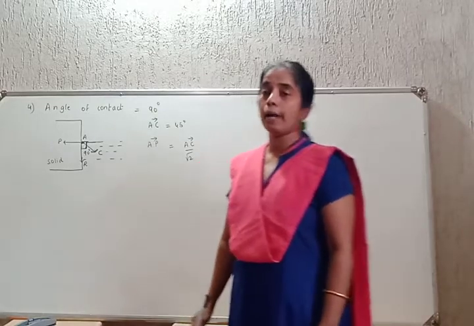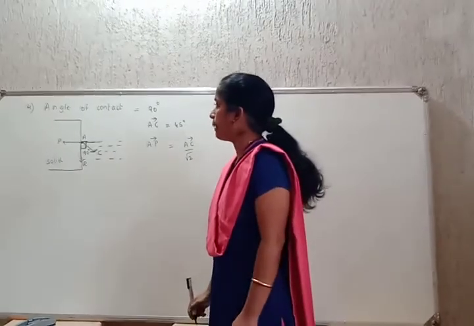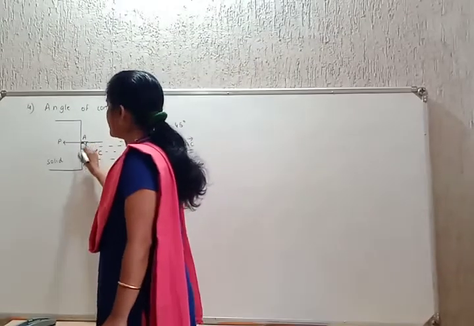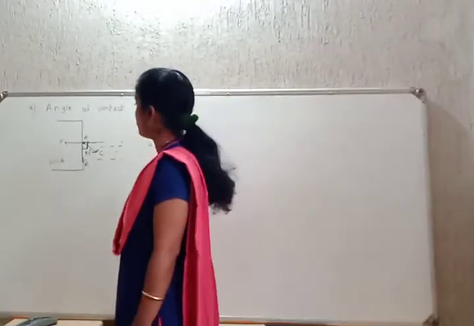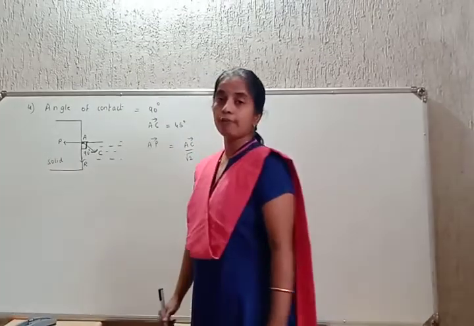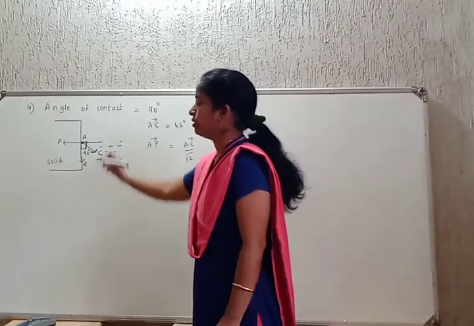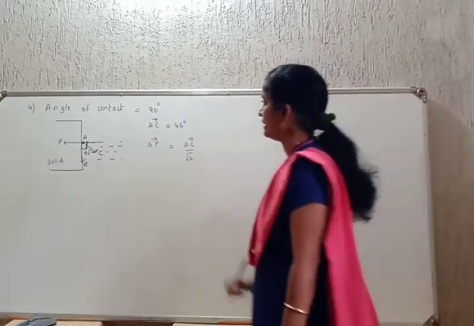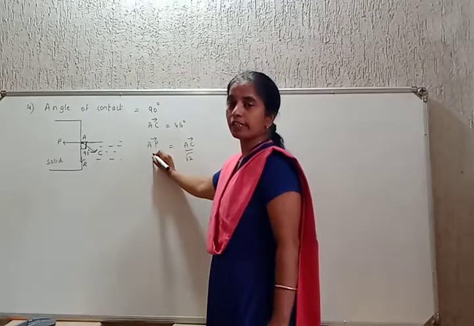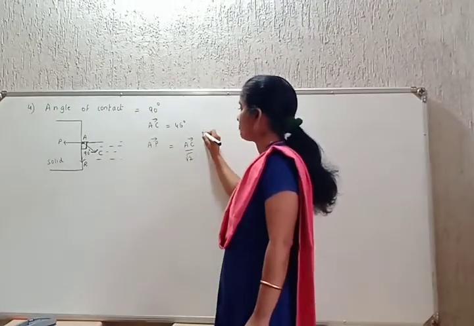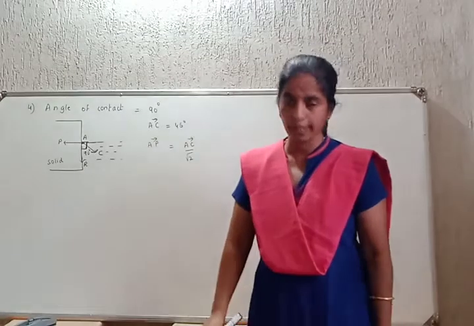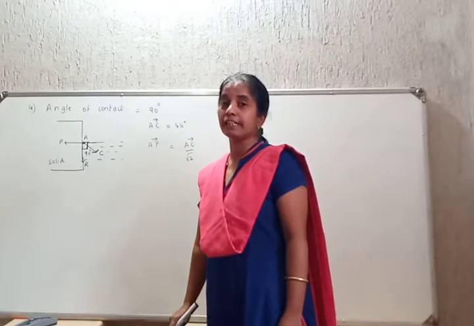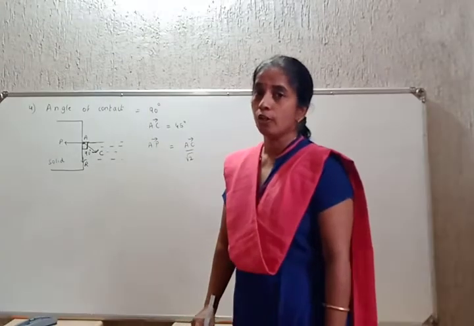For a hypothetical liquid, if the angle of contact is 90 degree, the cohesive force of the liquid AC is at 45 degree with the solid surface. AP is the adhesive force of the solid. In that case, it is observed that the adhesive force AP is equal to AC divided by root 2.